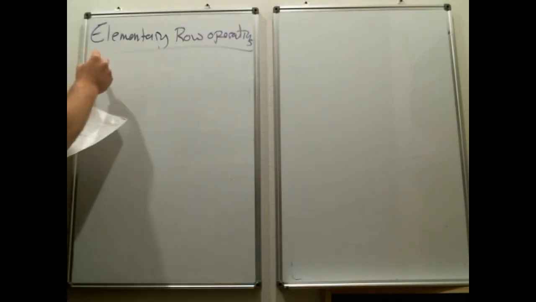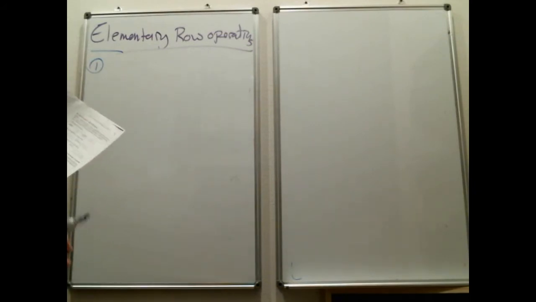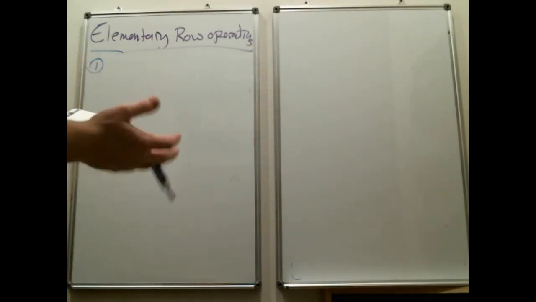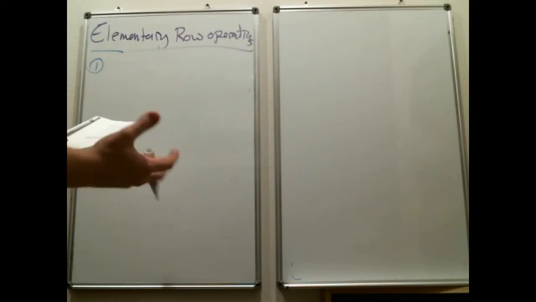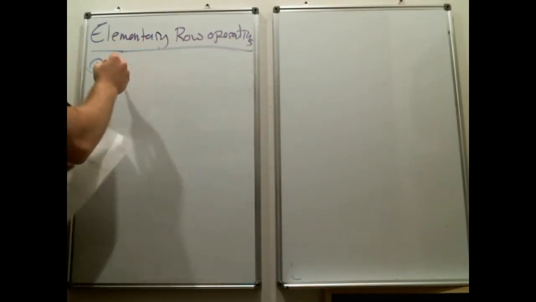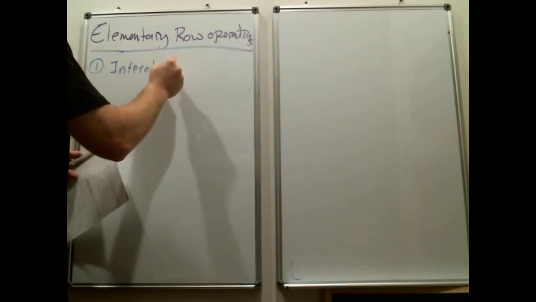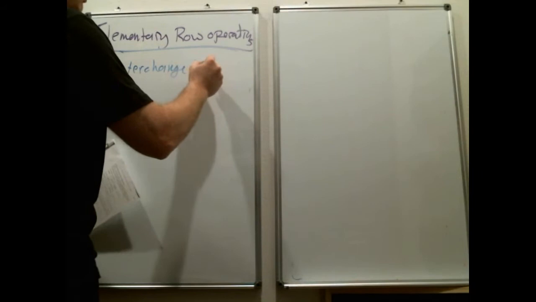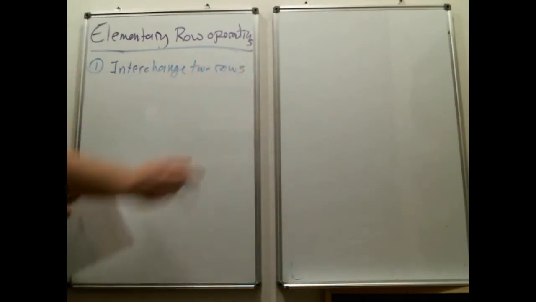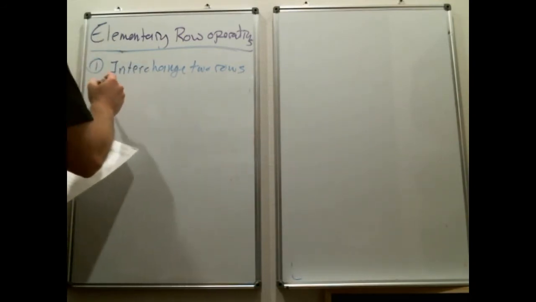Alright, number 1. And this one is very helpful, especially in the beginning of problems, but they can be used in the middle somewhere. This first one is called interchange 2 rows. And let's use this as our example.